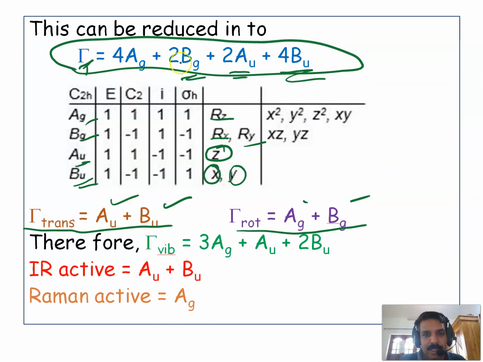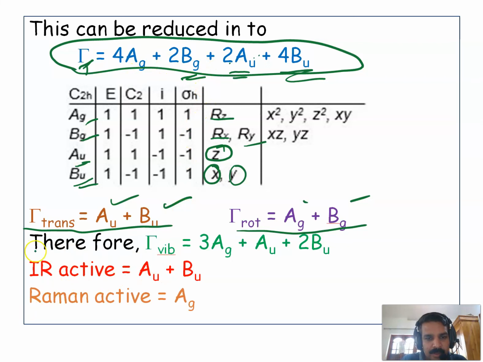On subtracting, from 2 Au we subtract 1 Au, and from 4 Bu, 1 Bu is subtracted, therefore we get 3 Bu. And from Ag and Bg, 1 Ag and 1 Bg are subtracted.